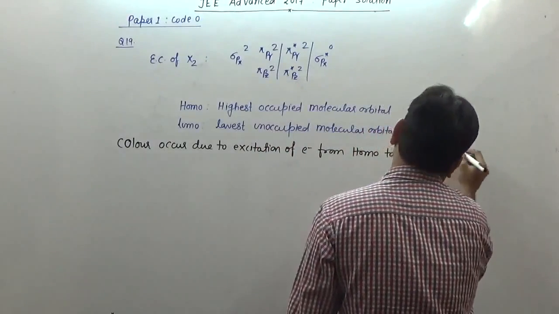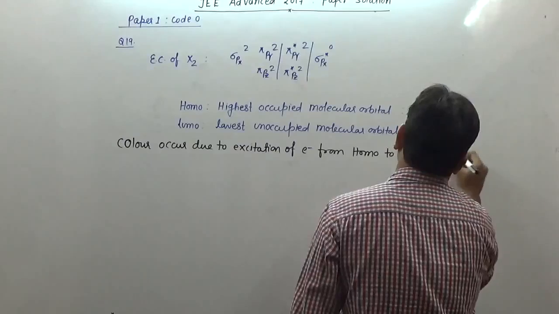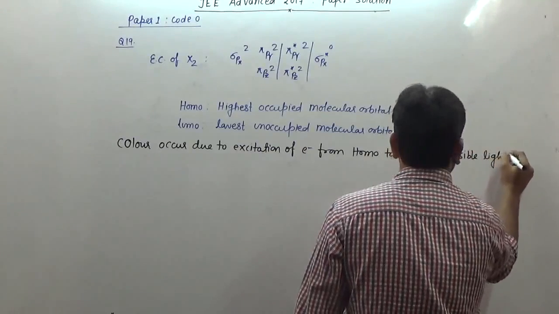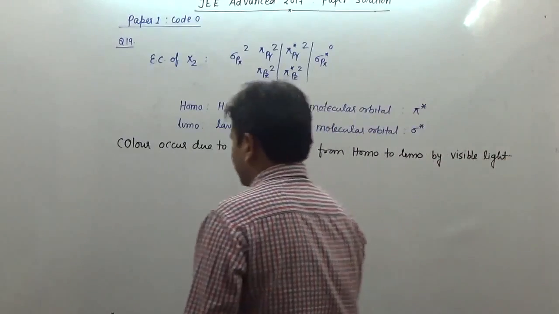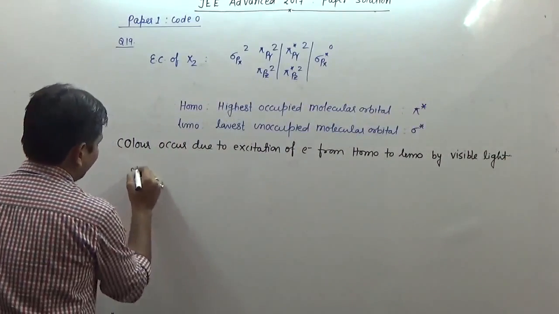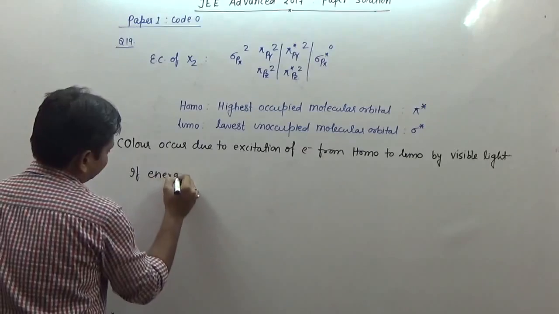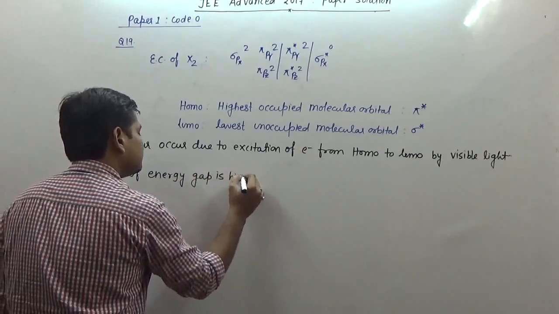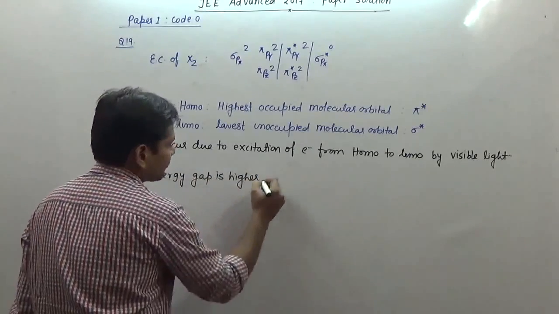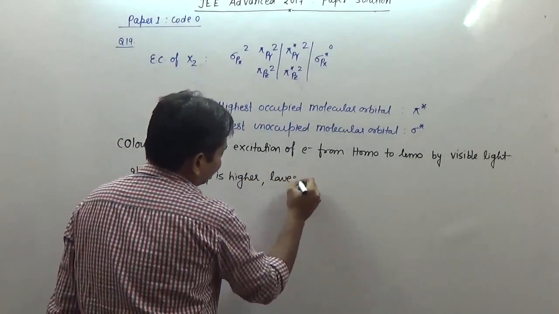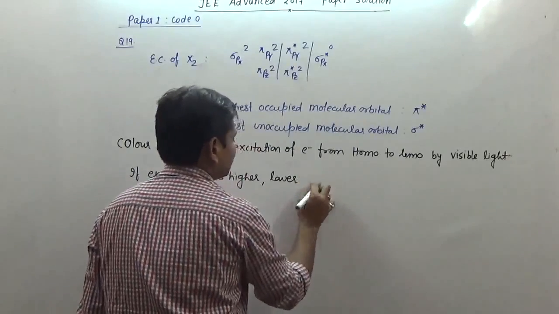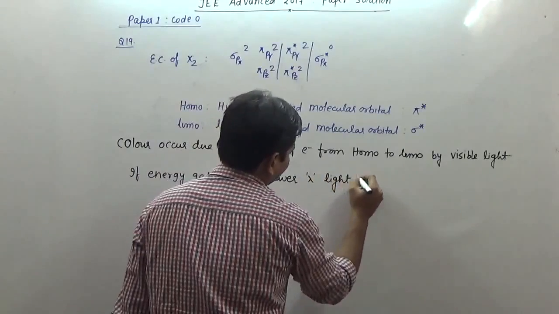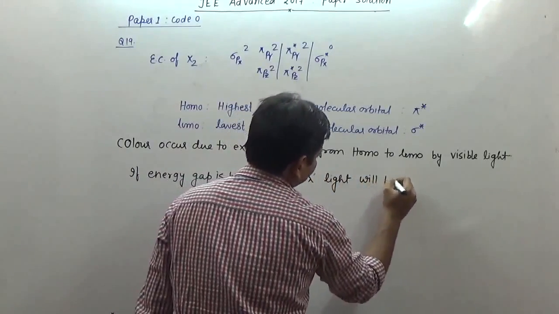By light, by visual light. If the energy gap is higher, lower lambda, lower wavelength light will be absorbed.